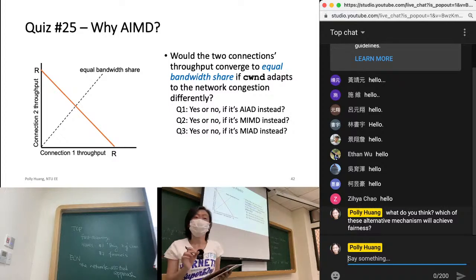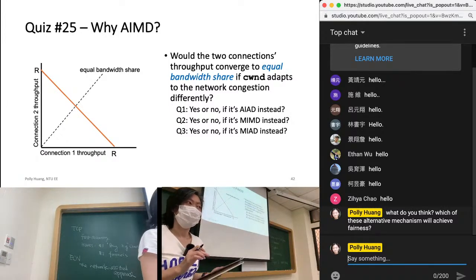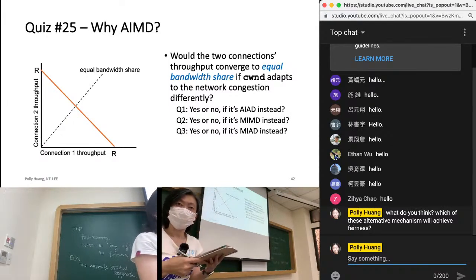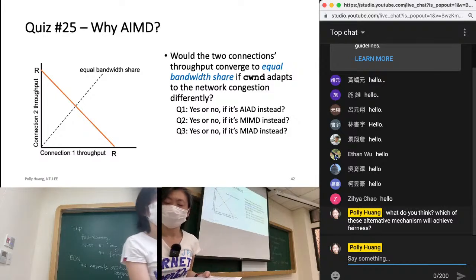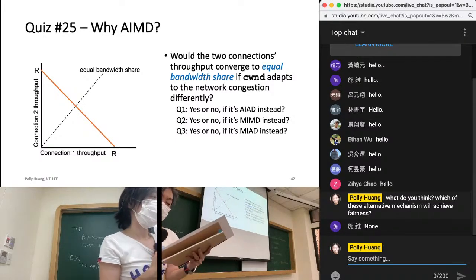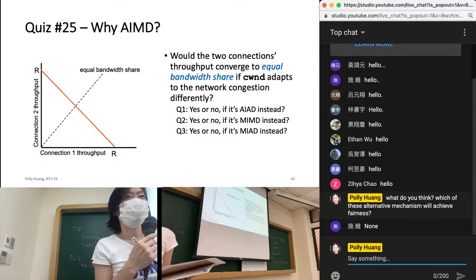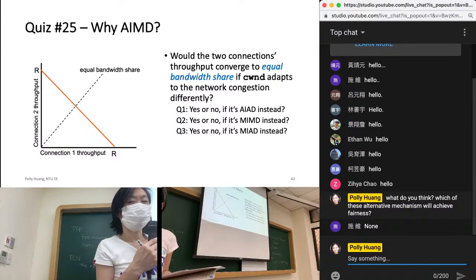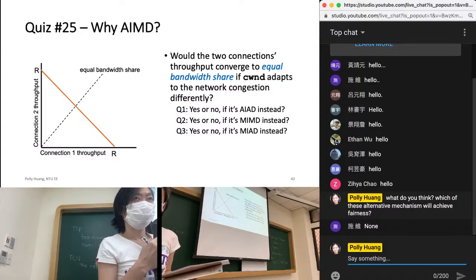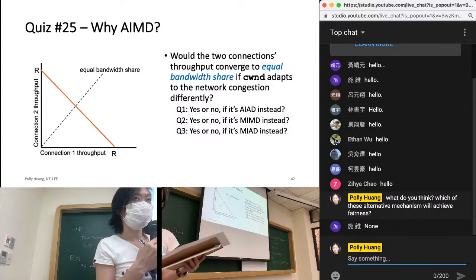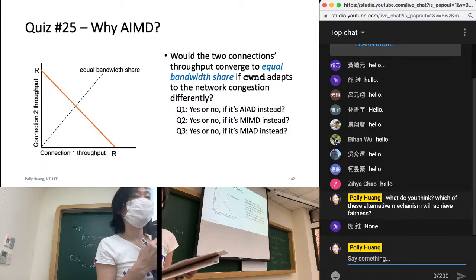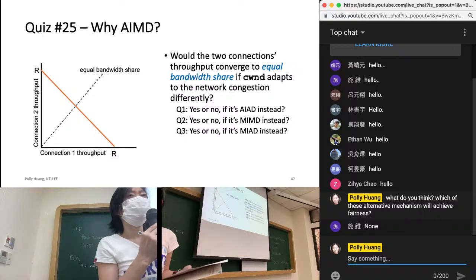A constant. I think 1 and 2 will not make it fair. Because with AIAD the client has a linear increase, slope 1.